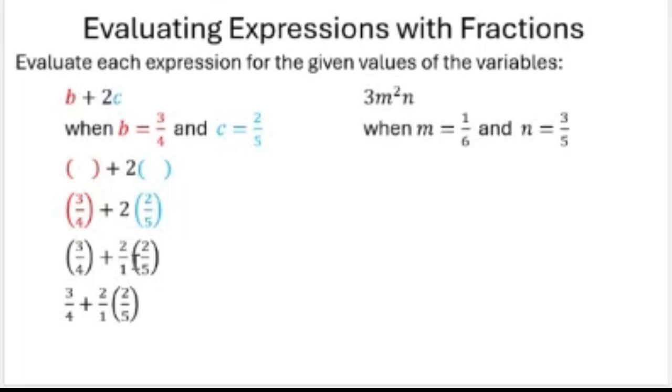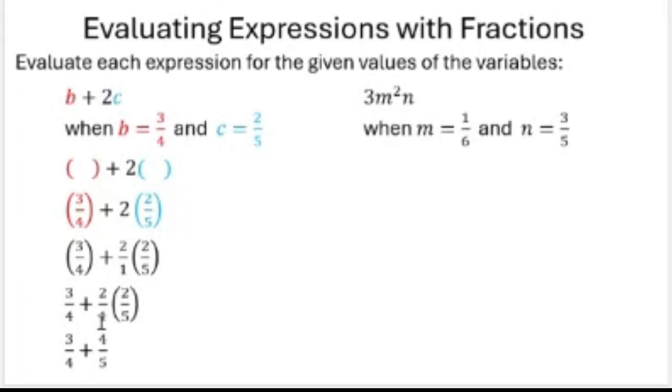This bracket is holding the place, it's showing multiplication. It's showing that these two things are multiplied, so I have to keep that there until I do my multiplication. This bracket here isn't doing anything. It's not representing anything, so I can just drop that one. Now I'm going to do the multiplication first because of order of operations.